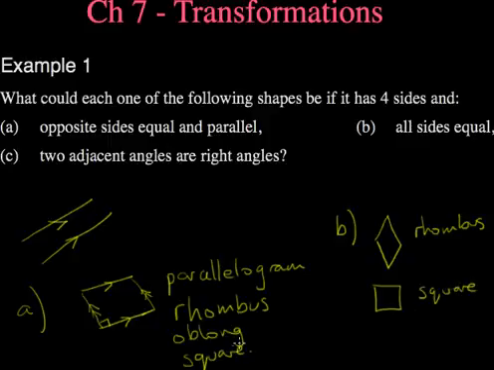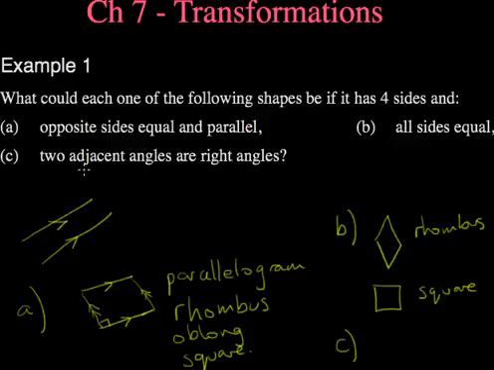You couldn't have the oblong, because then they wouldn't be equal, and the parallelogram wouldn't work. I mean, a rhombus is a parallelogram, but you could have a parallelogram that doesn't have all equal sides. So these are the only two viable options for B.